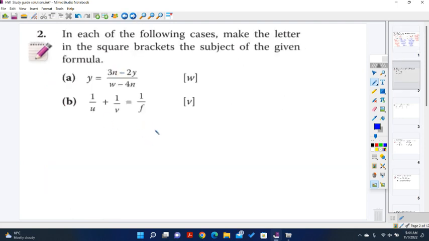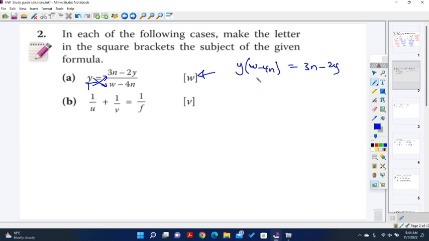Alright, moving on. They want me to make the letter in this the subject of the expression. So in part A, this is y equals, first thing I'm going to do is cross multiply. I'm going to cross multiply, and when I cross multiply, I'll have y open brackets w minus 4n equals 3n minus 2y.